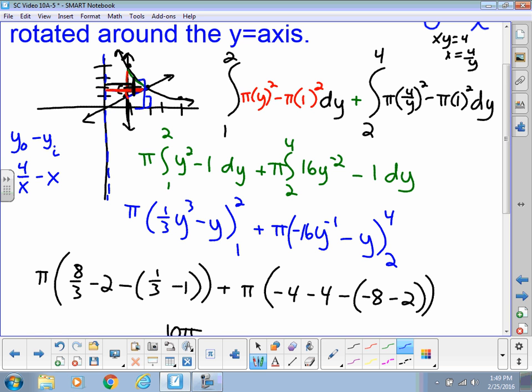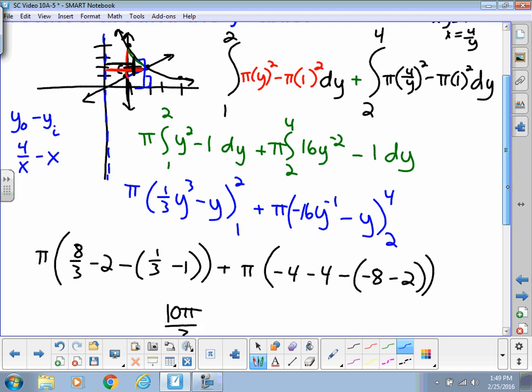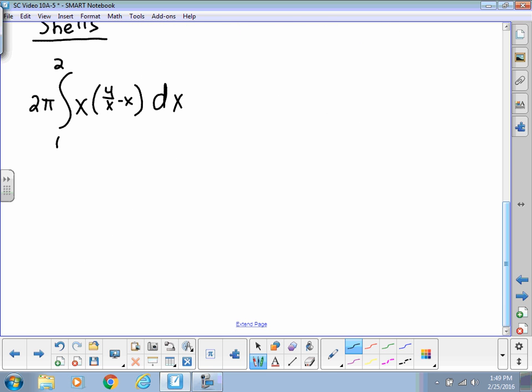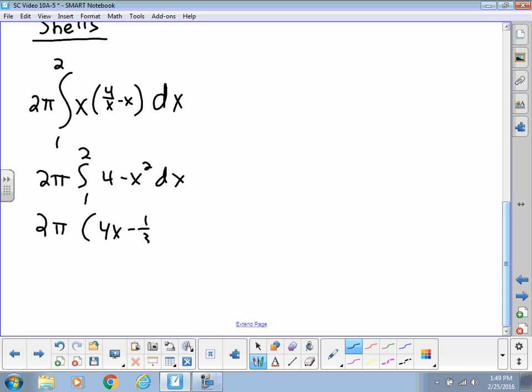So if we take our outer function and chop off the y equals x, that leaves us with the height of our slice. So we'll have 4 over x minus x. So that's 2 pi times our radius times our height. We'll distribute that x through, so we'll have 2 pi from 1 to 2 of 4 minus x squared dx. We'll take our antiderivative, which would give us 4x minus 1/3 x to the third, evaluated from 1 to 2.